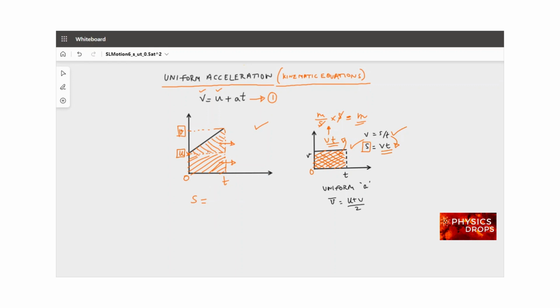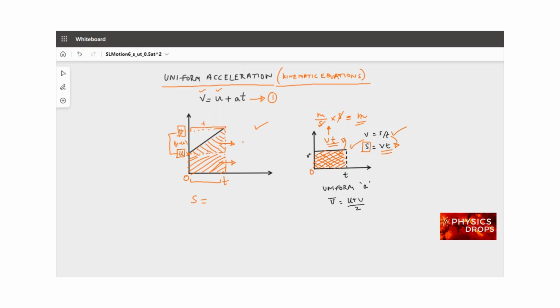Let's try and figure it out. What is the area of this triangle? By symmetry, you can see that the area of this triangle is half of the area of the top rectangle here. One dimension of the rectangle is v minus u, and this whole thing is nothing but t. You can say the length is t here.